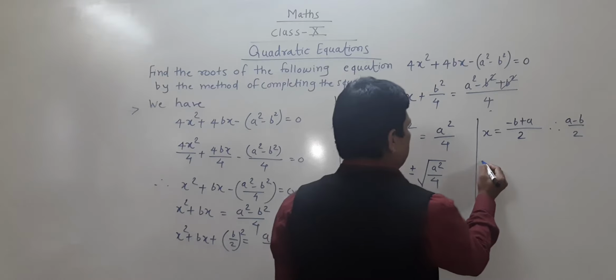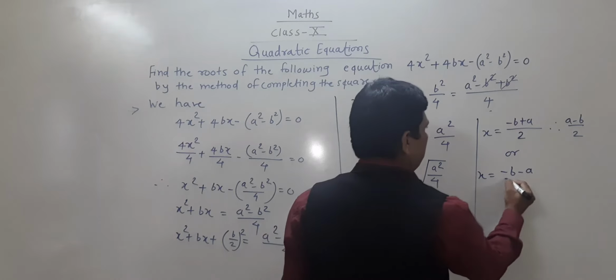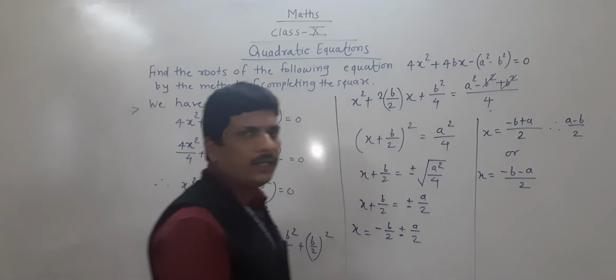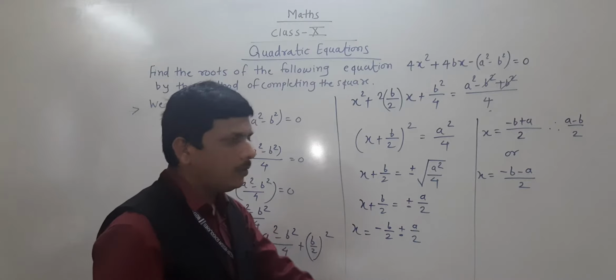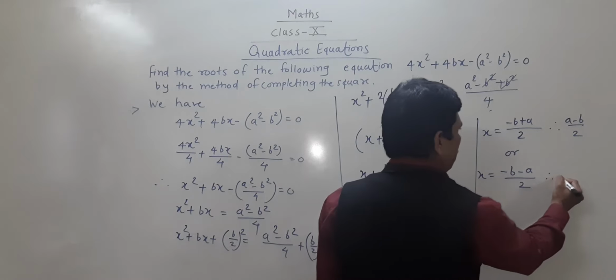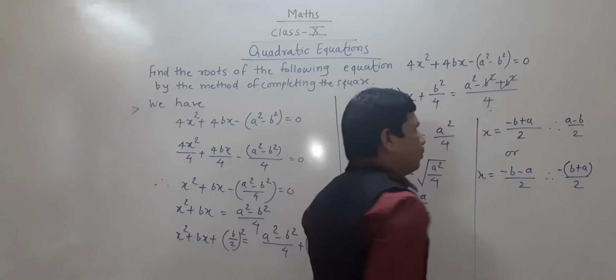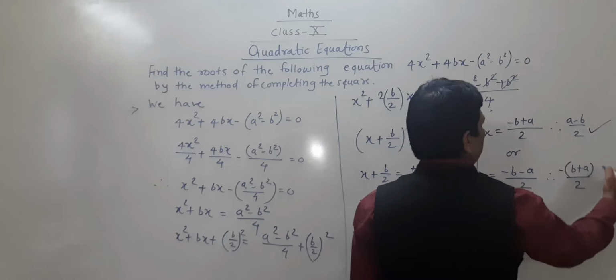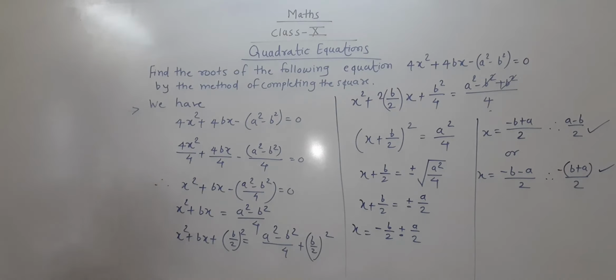Secondly we will take x is equal to (minus b minus a) divided by 2. If you take minus sign common, then we can write minus (b plus a) divided by 2. So these are the two roots of the given equation.